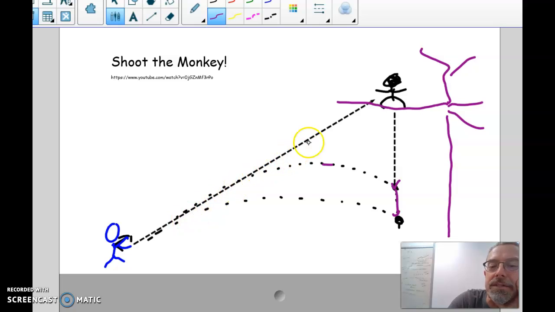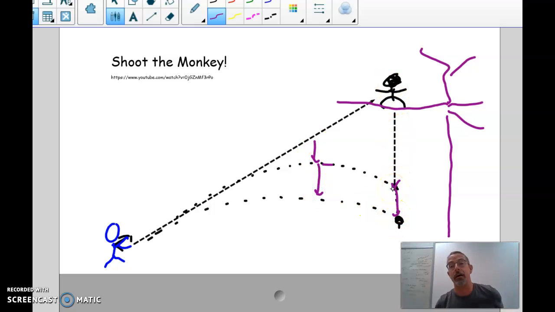So by the time this object travels this distance, it will have descended the same amount that this monkey has fallen. And if you don't believe me, there's a video attached to this lesson today that shows how this is done. And it doesn't matter what velocity you use, that monkey and this bullet will fall the same distance.